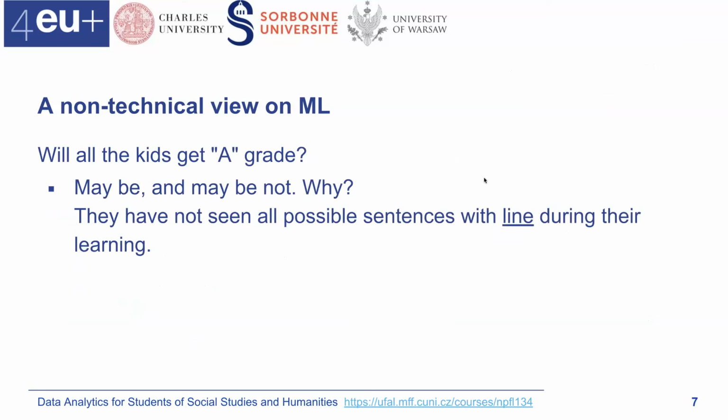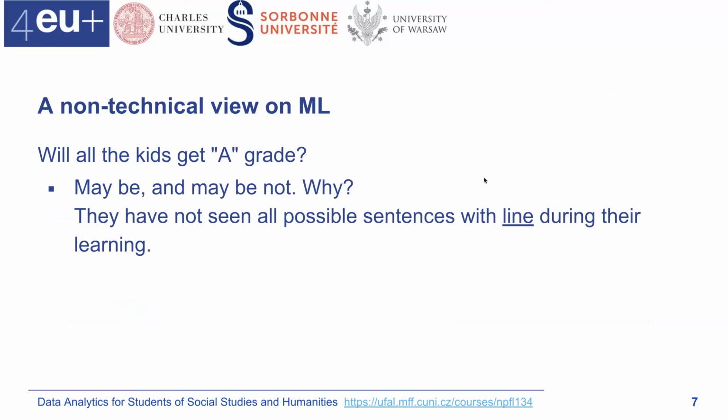The question is whether all the kids will get the best grade, the A grade. And the answer is maybe and maybe not. Why? Maybe they don't understand all the sentences correctly.